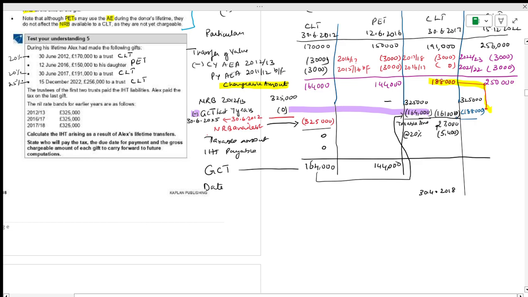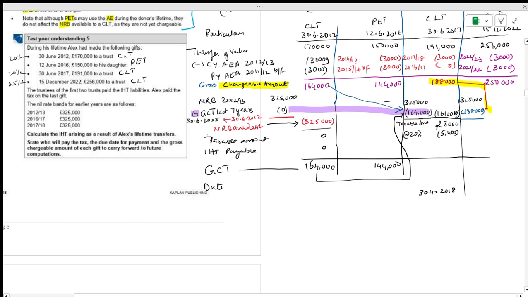Okay. Chargeable amount, gross chargeable, gross. This is gross chargeable amount. See, 144. Fine. We have taken this 164 here.